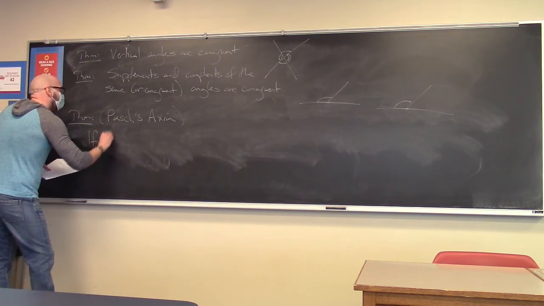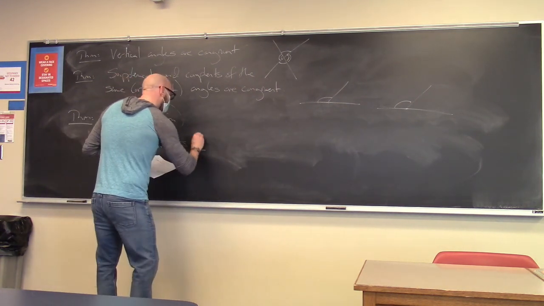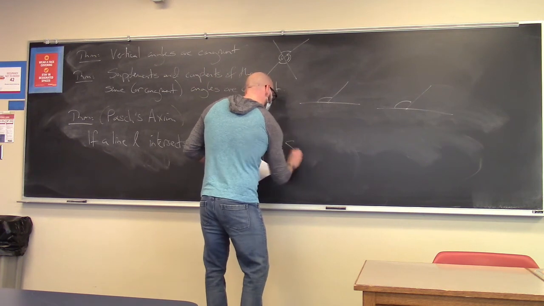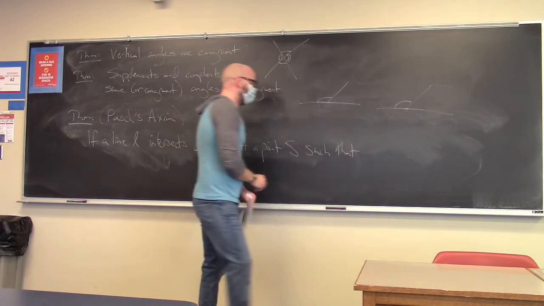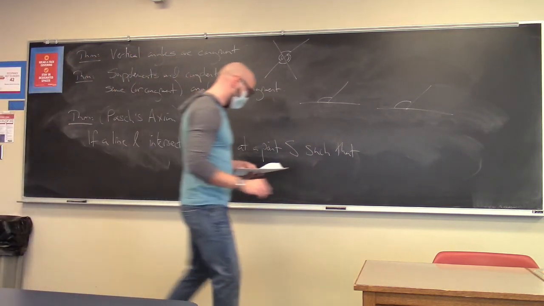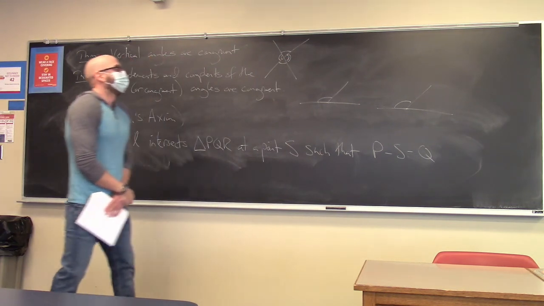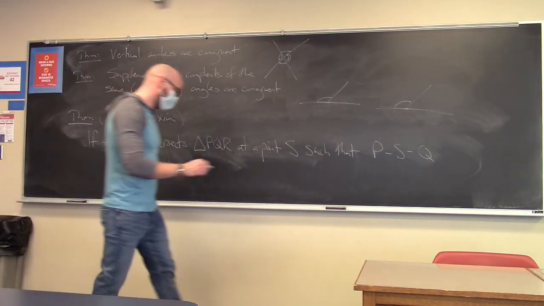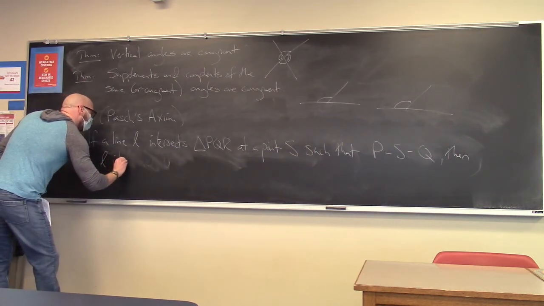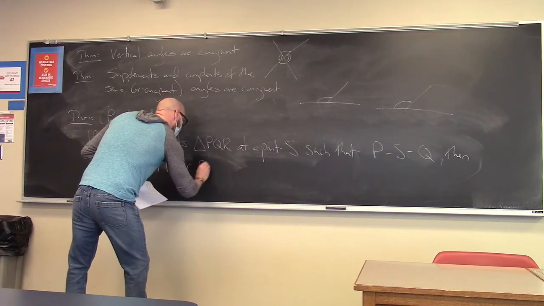If a line L intersects triangle PQR at a point S such that, and I like this notation a lot, this textbook uses this notation all over the place, such that P, then S, then Q. It's very suggestive notation, but if you can't figure it out, I'll show you exactly what that means in a second. Then L intersects either PR or PQ.